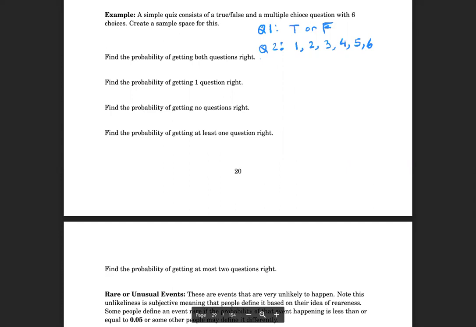Now you're trying to take this simple quiz. So let me ask you this. When you take this simple quiz, what is the sample space? That means I'm asking what are the possible simple events.